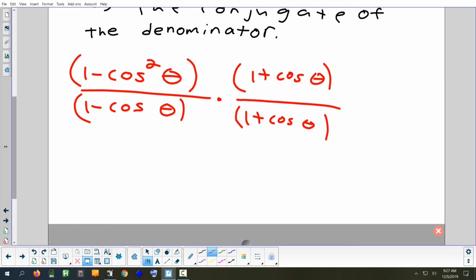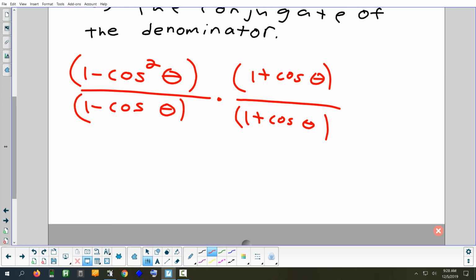Another reason I don't want to do anything with the top is because I'm looking at this, and if I FOIL it, the first is okay, the outer is okay, the inner is okay, but I don't like the last. Cosine squared times cosine is cosine cubed. I told you we weren't going to get into identities that had exponents of 3. So if you were going to do a step out, and all of a sudden you think that step is going to give you an exponent higher than a 2, don't do that step out yet.